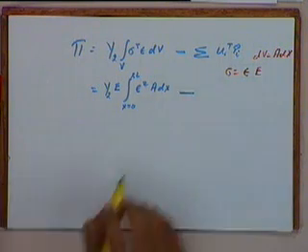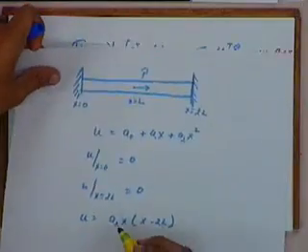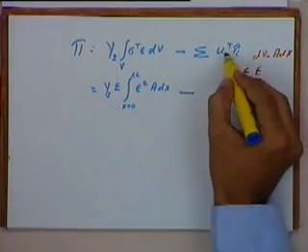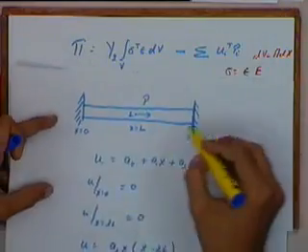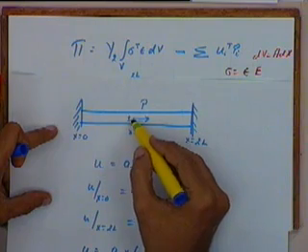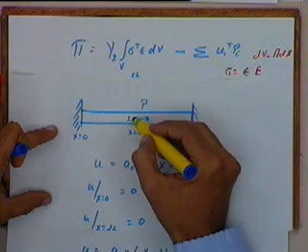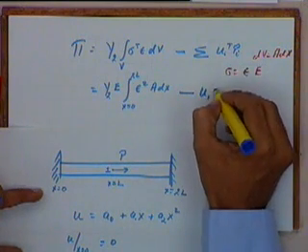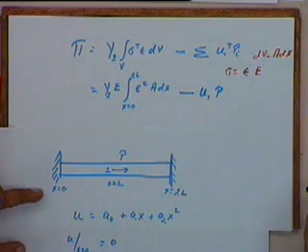Minus, let us call this point as point number 1. u1, that means the deformation at this point, multiplied by the load at this point. So it is minus u1 into P. Is that okay?